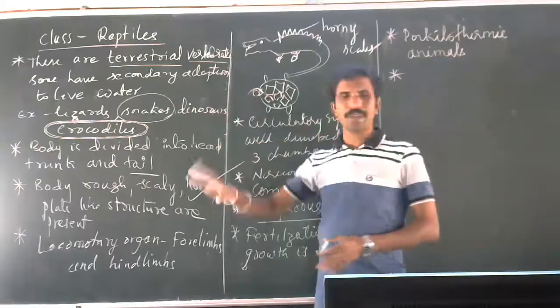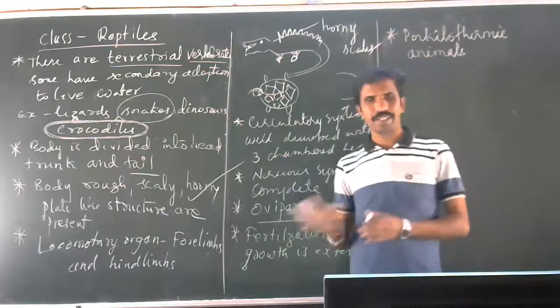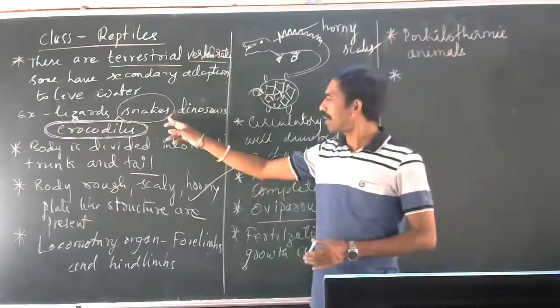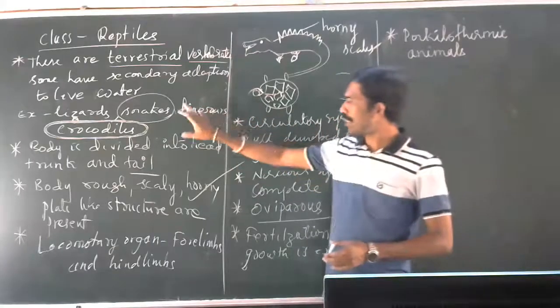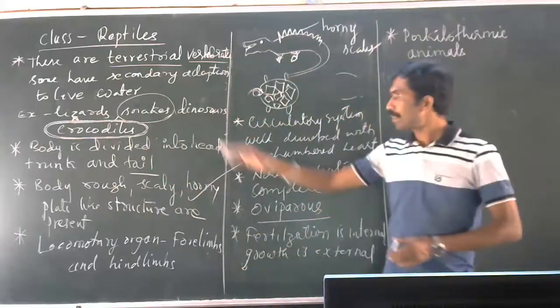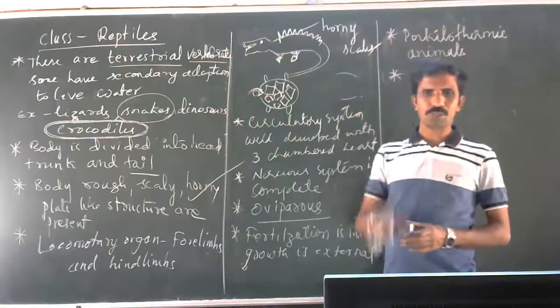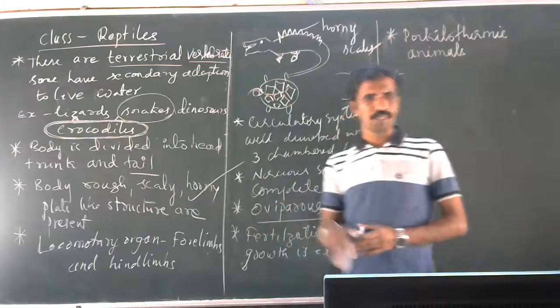They have a vertebral column, and they bend their body, but the backbone is there. Snakes are a unique group: other reptiles have forelimbs and hind limbs for locomotion, but snakes have special muscles to move from place to place.